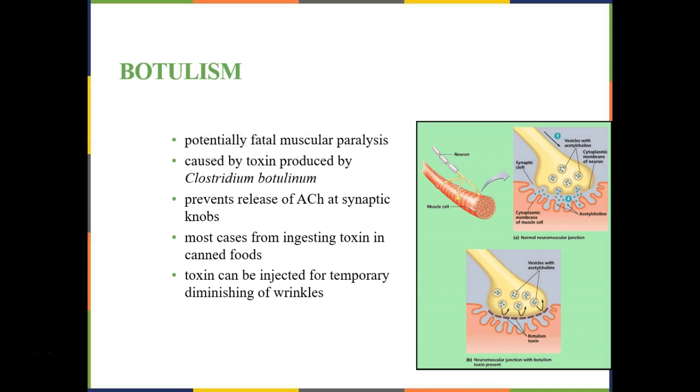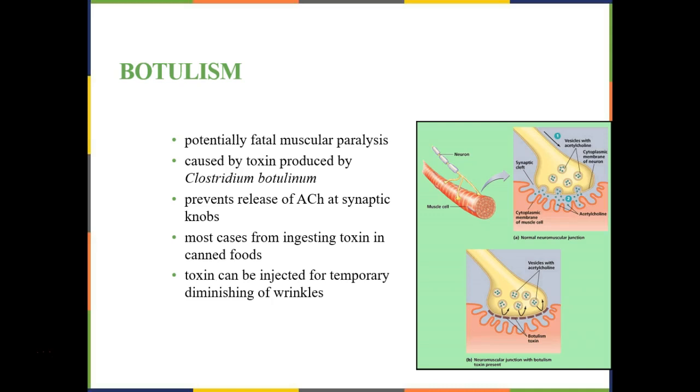That's known as flaccid paralysis. In both cases, your muscles can't move, so they're paralyzed. With Clostridium botulinum, the excitatory somatic motor neuron normally releases its acetylcholine into the synaptic cleft. Botulinum toxin inhibits acetylcholine from being released, so the muscle can no longer contract.